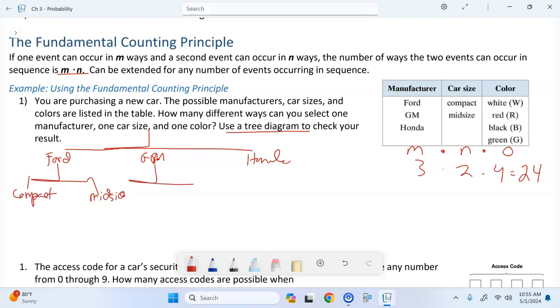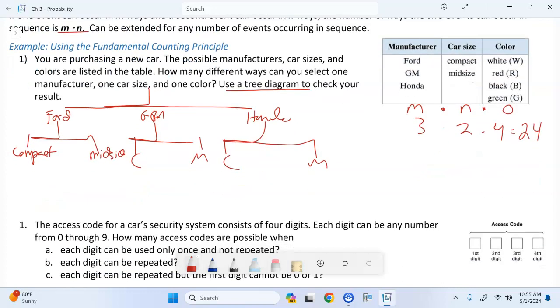Once I choose compact or midsize, I can break it down even further as being either white, green, black, or red. I can do that for all of these.